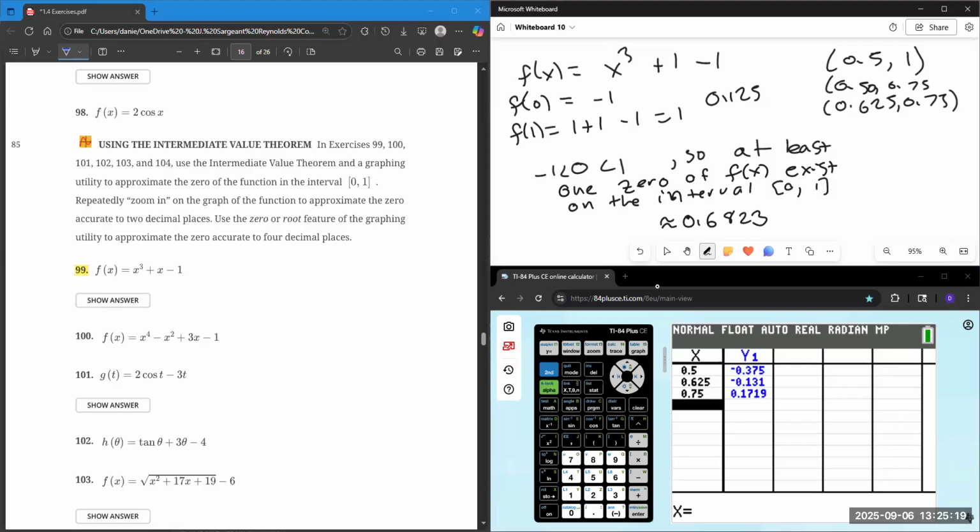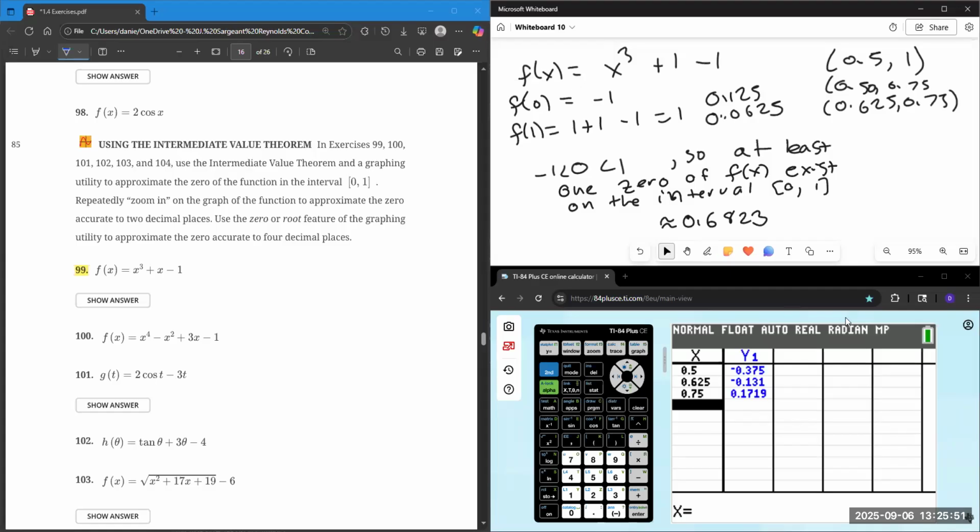Then we can go a little smaller. Half of this is 0.0625. And once we get to here, we should be able to safely round soon.